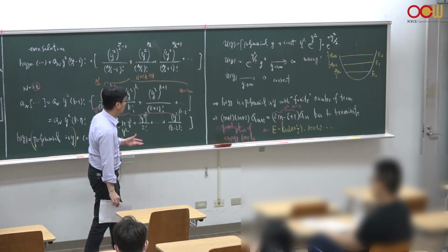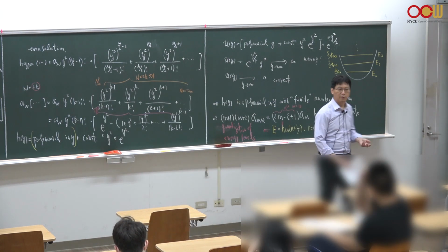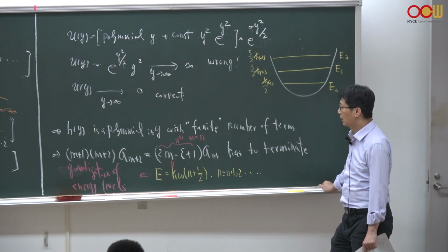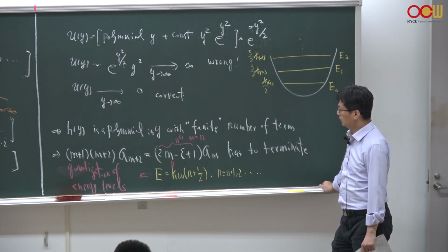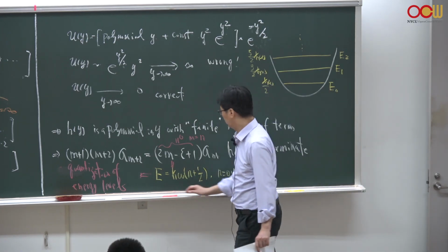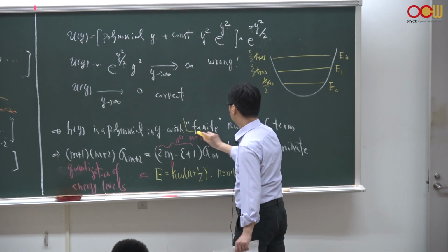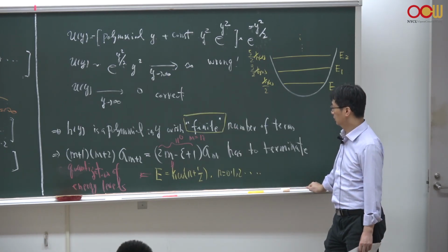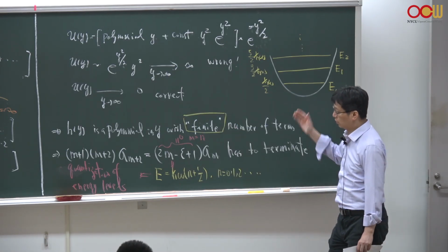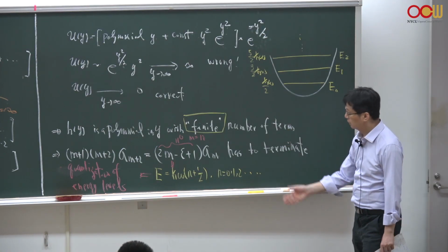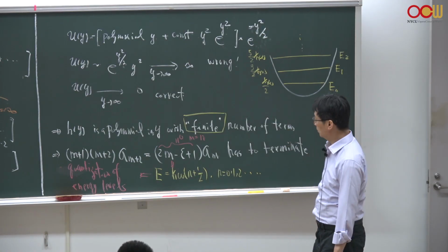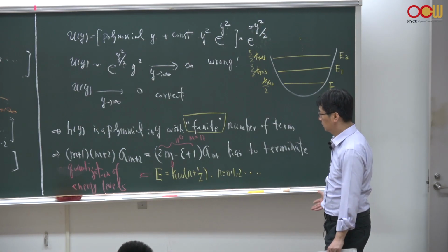So we should expect that this polynomial should stop, okay? And h of y should be a polynomial in y with only a finite number of terms. So we don't expect that this is going to continue indefinitely. So we need to truncate. We need to stop the polynomial somewhere. But how to stop this polynomial?